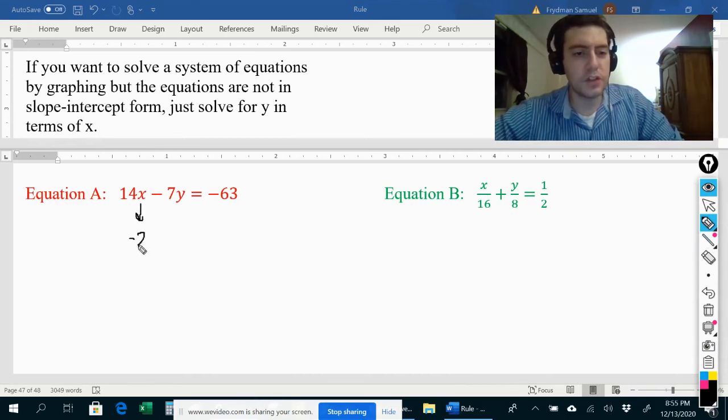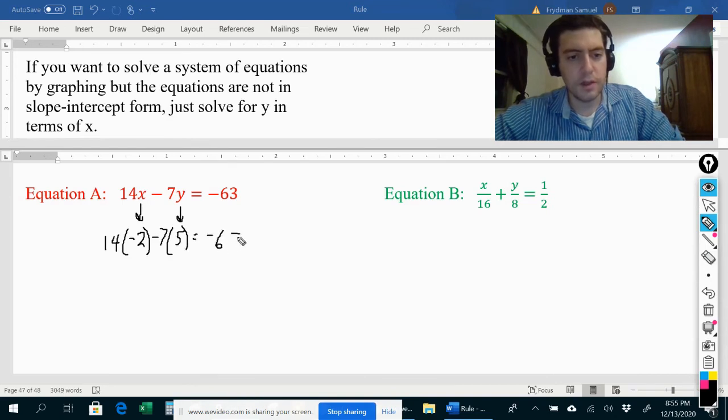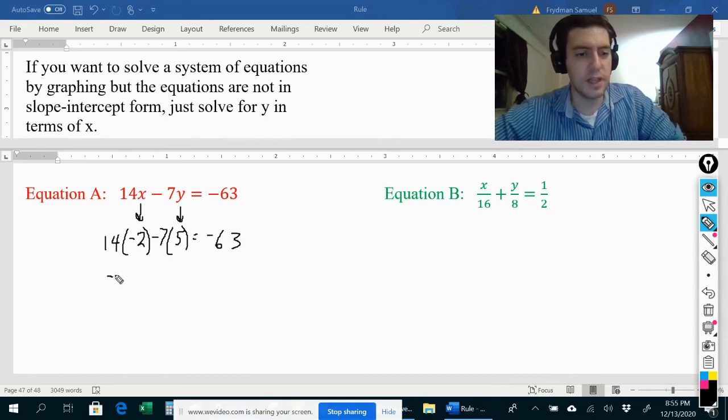So x was -2 and y was 5, right? So let's plug those in and just make sure that this all works. Okay, so if we did this correctly, then all of this should be equal to -63. So let's see, 14 times -2 is -28. Positive times negative is negative. And then I have 7 times 5 is 35. So I have -35 here.